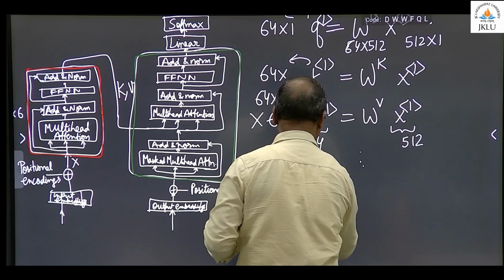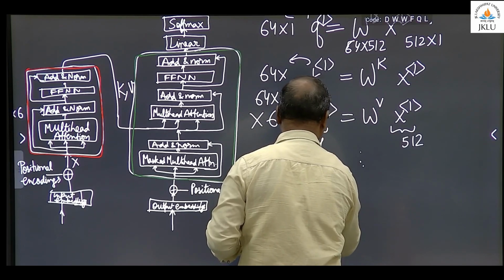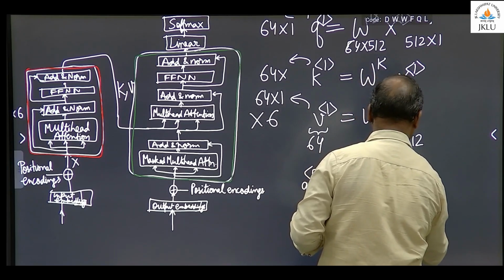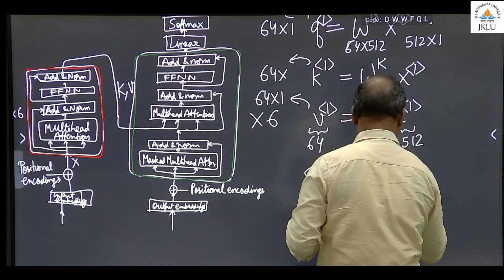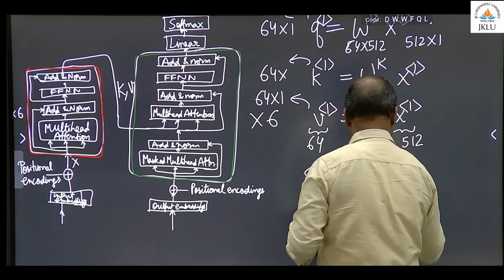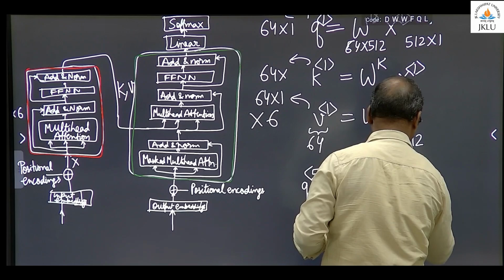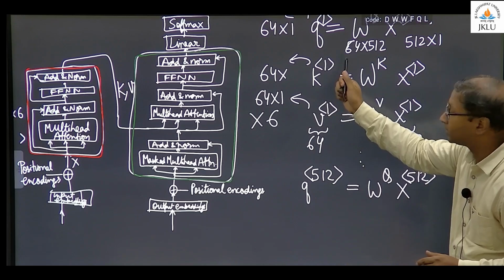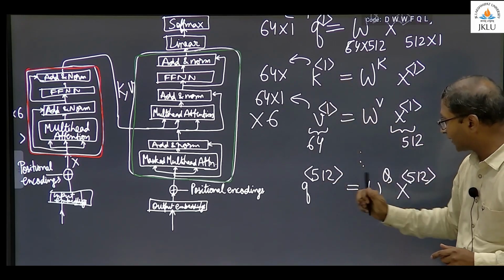I will compute Q of 512 as WQ X512, and similarly I will compute K of 512.